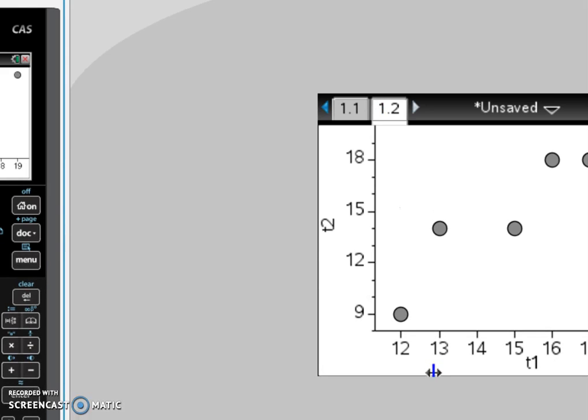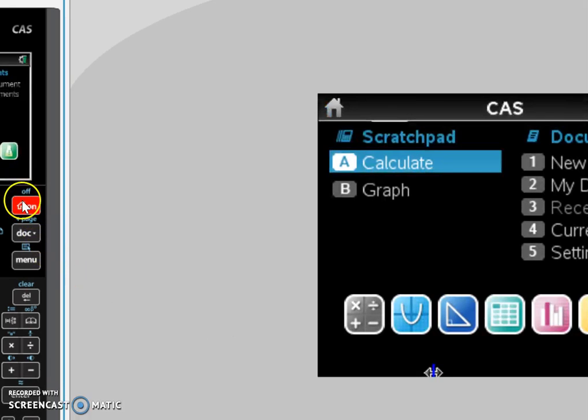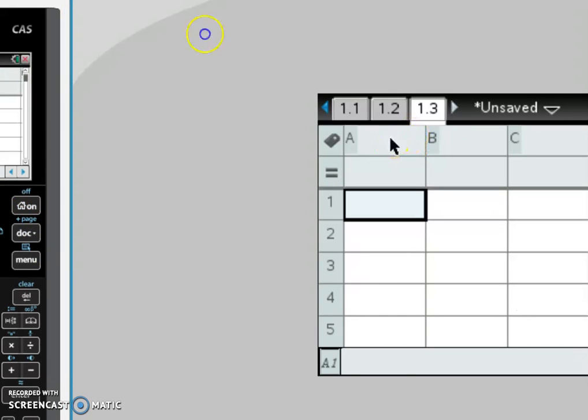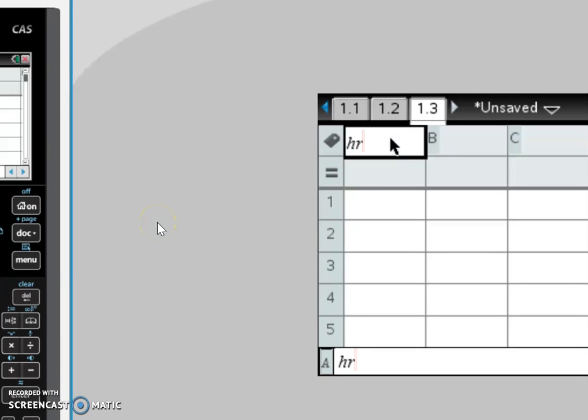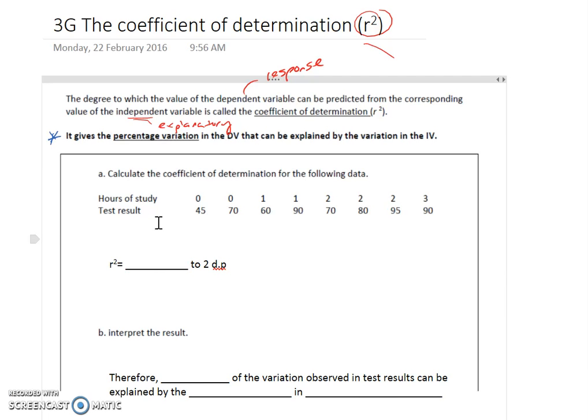Okay, if we put it into our CAS, go into spreadsheets and call it hours of study. Let's go hours of study and test result.